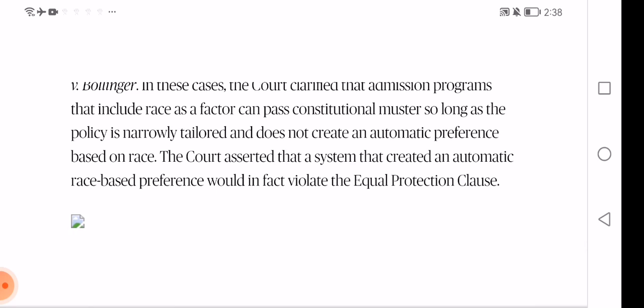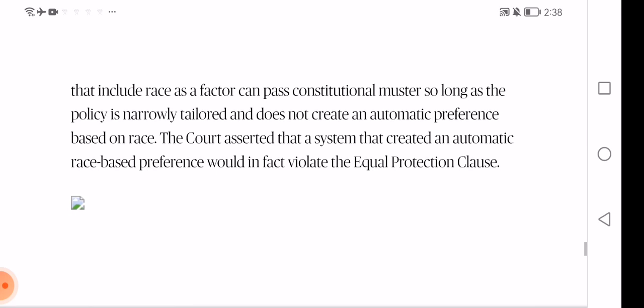The court stated that a system that created automatic race-based preference would in fact violate the Equal Protection Clause.